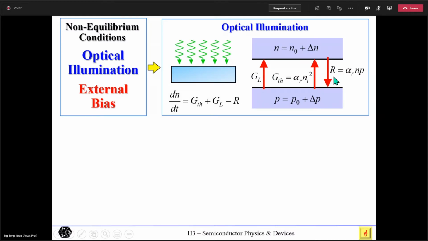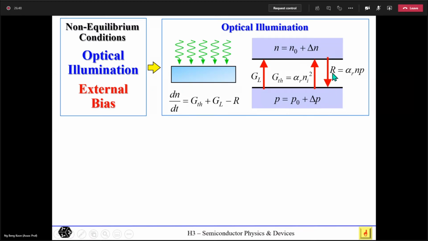Then the other process that serves to reduce the carriers is recombination. This is again a natural process where you have electrons and holes in the semiconductor. The electrons have a chance of returning back to the valence band and cancelling out a hole there.